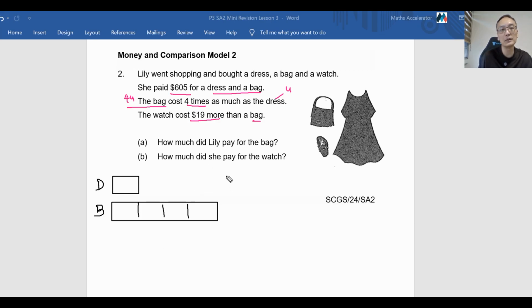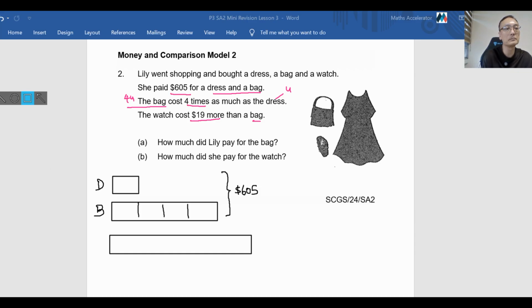And we were told that the total cost of these 2 items is 605. And lastly, we know that the watch is $19 more than the bag. So we'll draw a model for the watch that is slightly longer than the bag. Here's the watch. We indicate the difference here. This is 19 more. And over here, we have 4 units.